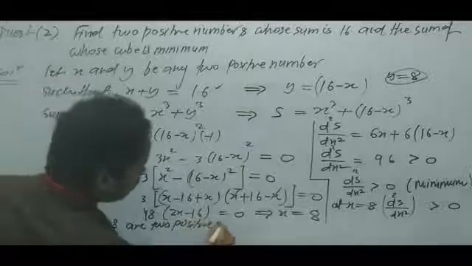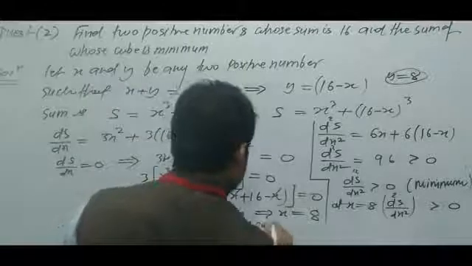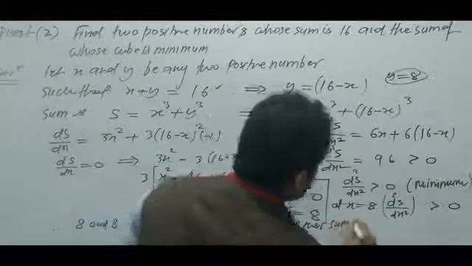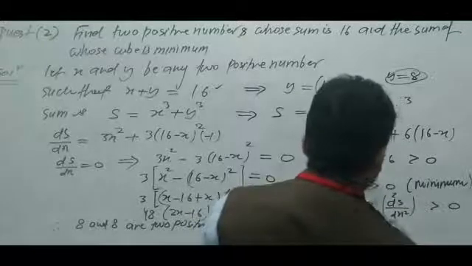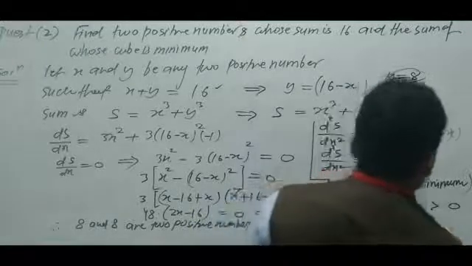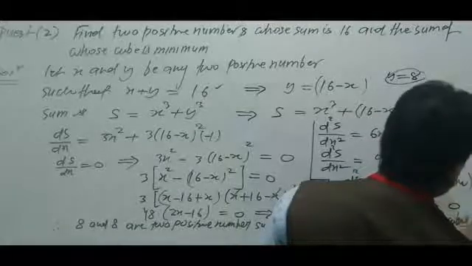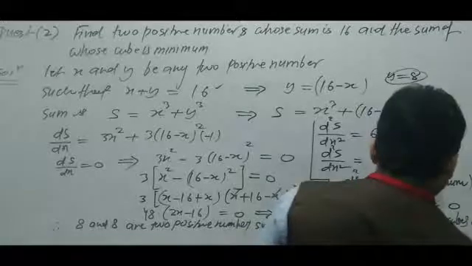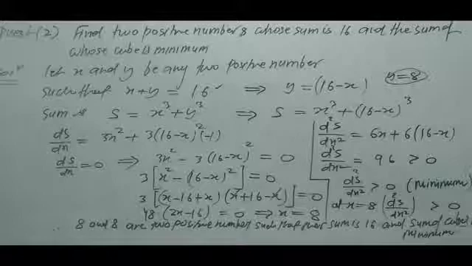8 and 8 are two positive numbers such that their sum is 16 and the sum of cubes is minimum. Now this question is completed.